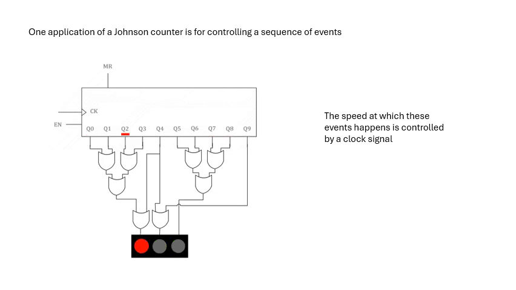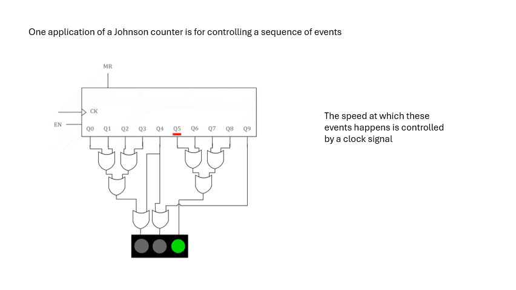So my outputs Q0, Q1, Q2, Q3 take it in turn producing a pulse, and then with these pulses, by using OR gates, I can control the amount of time. Look, there's my red light.